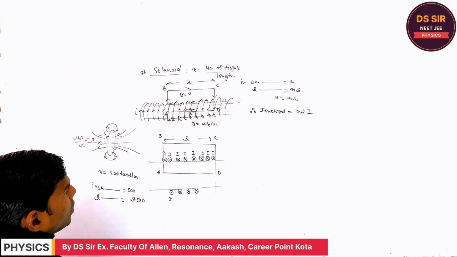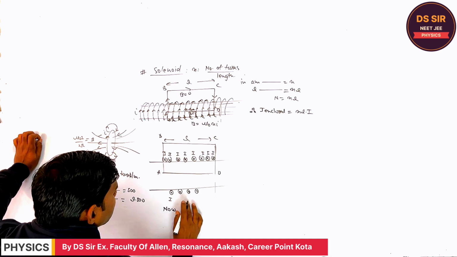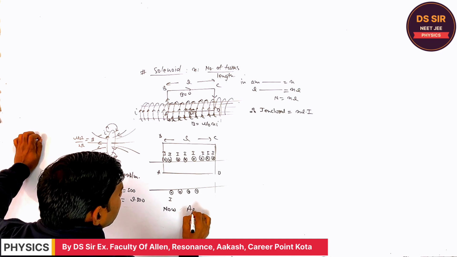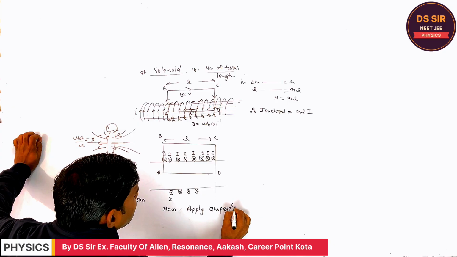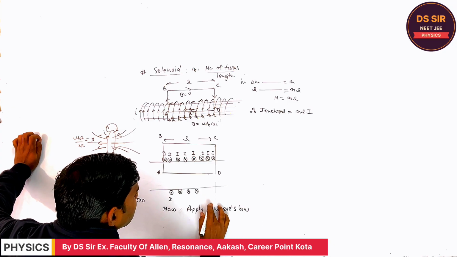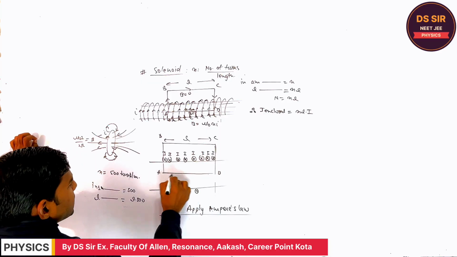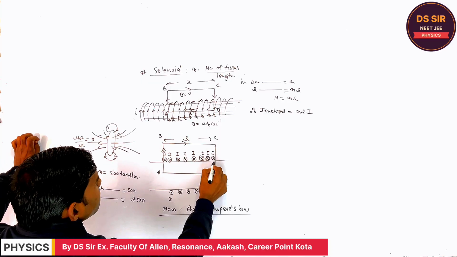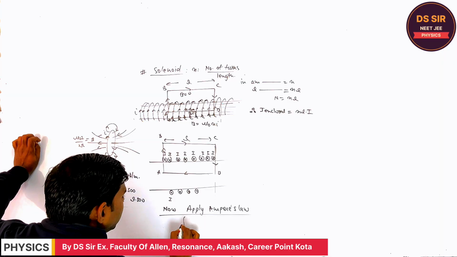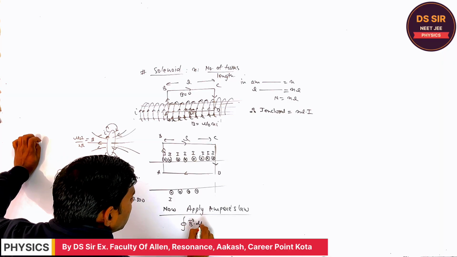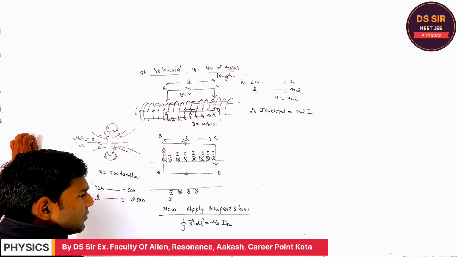All right. So now we can apply Ampere's law. What is Ampere's law? If this is the Amperian loop, and this is the supposed orientation of the Amperian loop, then the integration of B dot dl is equal to mu naught into I enclosed.